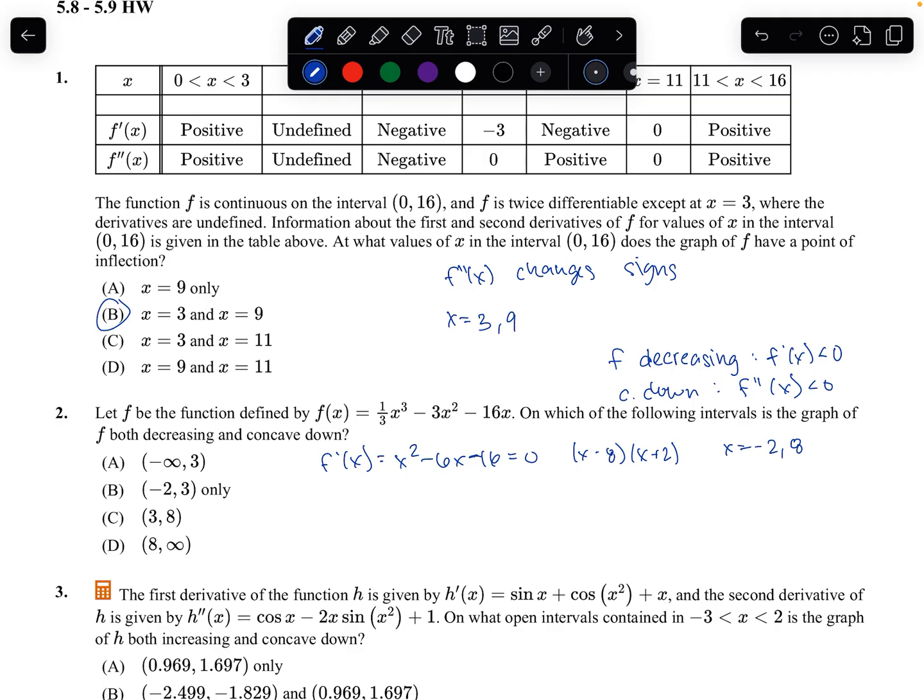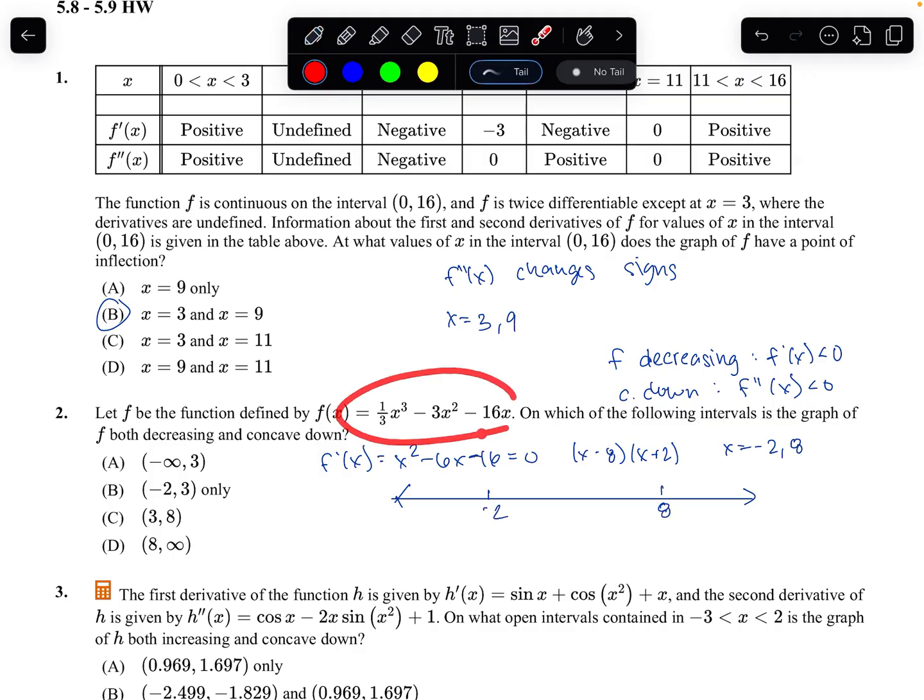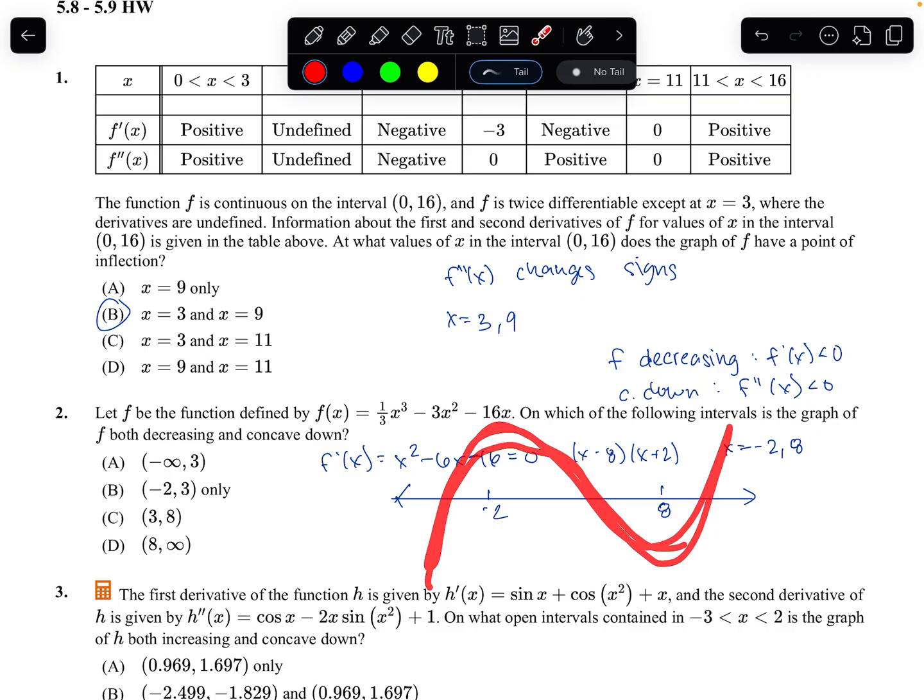So if I think about the first derivative test, if we have negative 2 and 8, I'm just going to go based off of what I know. This is a cubic function, so it's probably going to go something like this right here. That's where it's equal to 0, right? So it's going to be decreasing in between here.